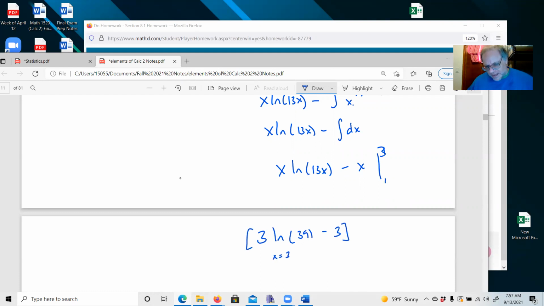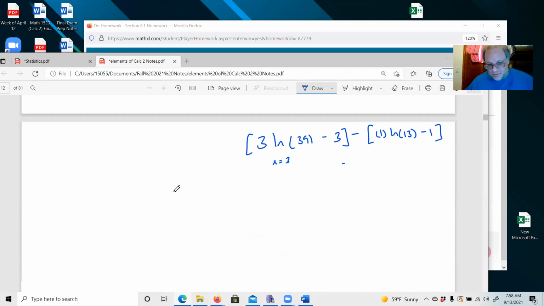Sometimes I leave a little x evaluated in something there because sometimes I forget. Right, so this is going to be minus 1 times natural log of 13, which is just 13. So what is going on here?